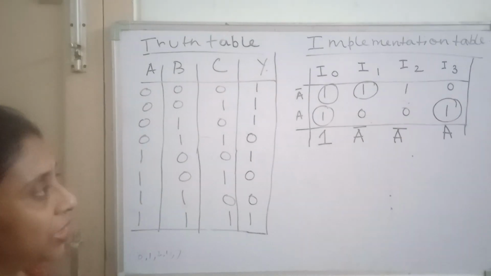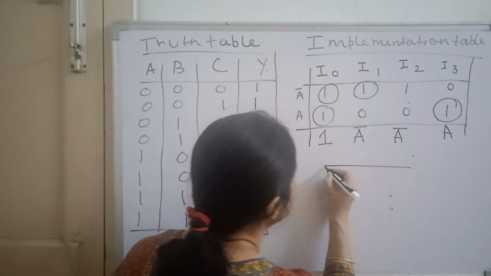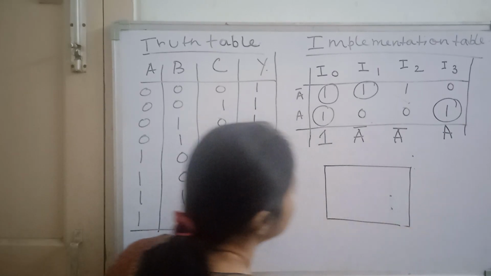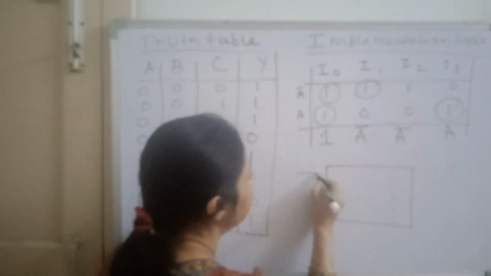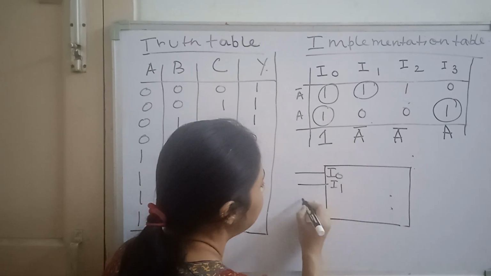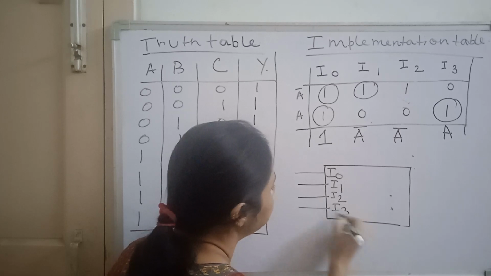K-map is not required over here. So for designing the multiplexer, what should be the size of the MUX? We know that the size of the MUX is 4:1, right? So there are 4 input lines, I0, I1, I2, I3.